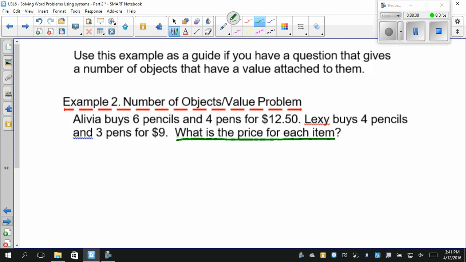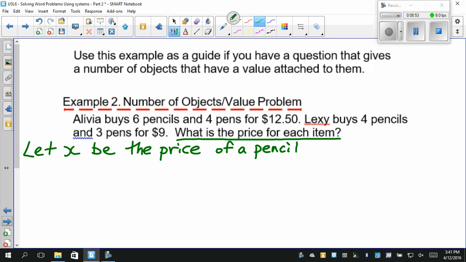So that means one variable is going to represent the price of a pencil. And that means then that Y is going to be the price of a pen.